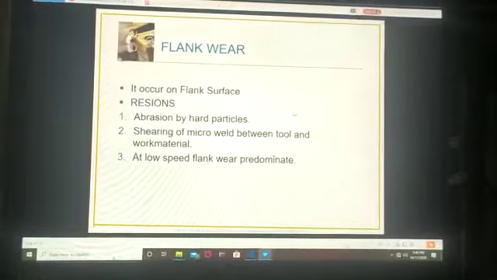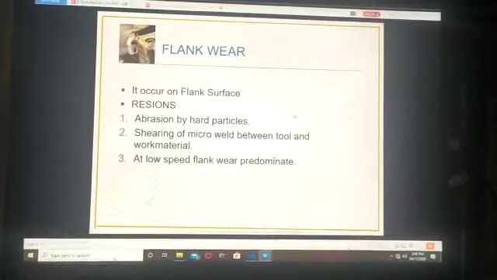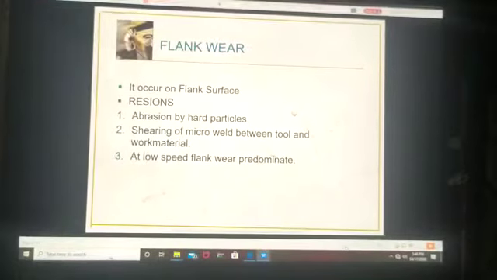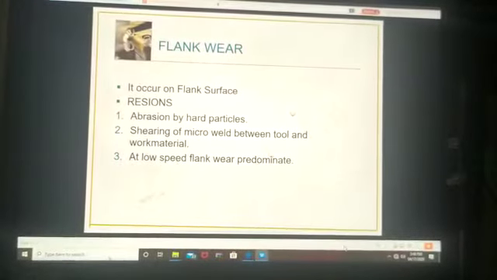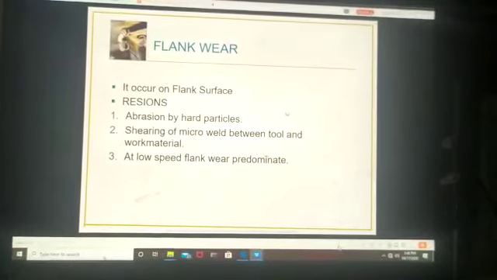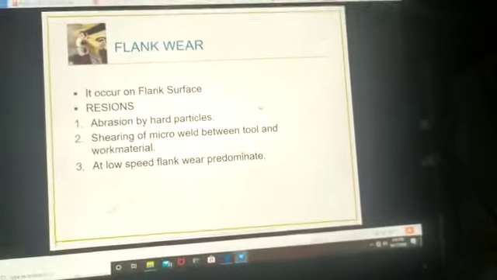As we know, there are two surfaces of our cutting tool: first, the flank surface, and second, the rake surface. Flank wear is observed on the flank surface.